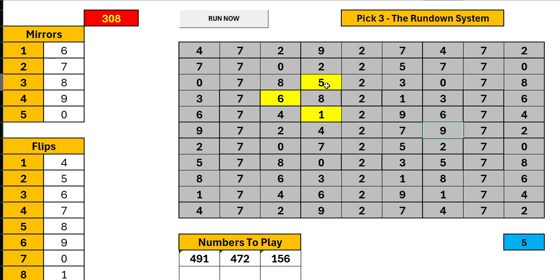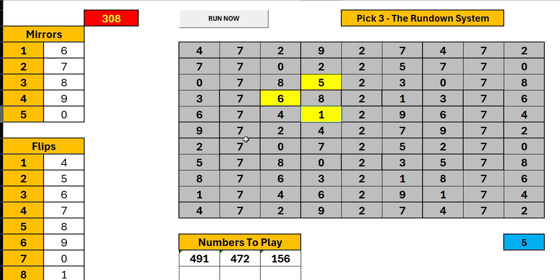There we go. 561. 156. Then 472. And here's 427. 472 is up here. 523. 6.